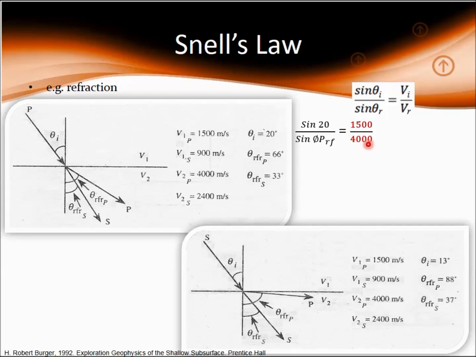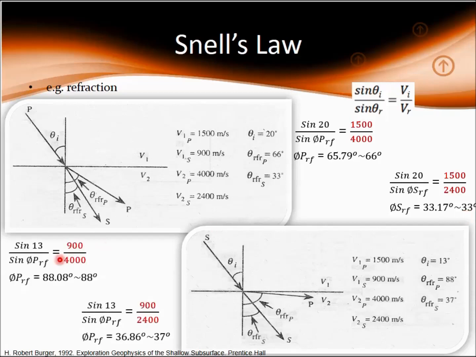So the result will be more or less 66 degrees for the P wave refraction angle. Similarly, to find the S wave from Snell's law, just replace 1400 with 2400 meters per second, and the answer will be roughly 33 degrees.